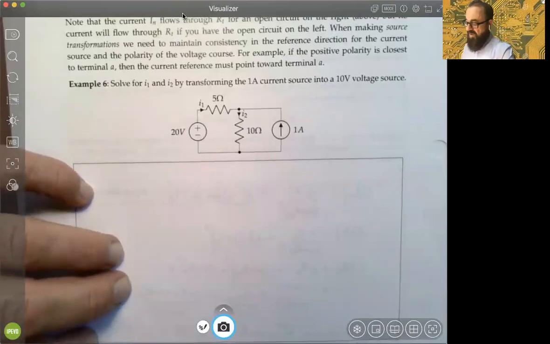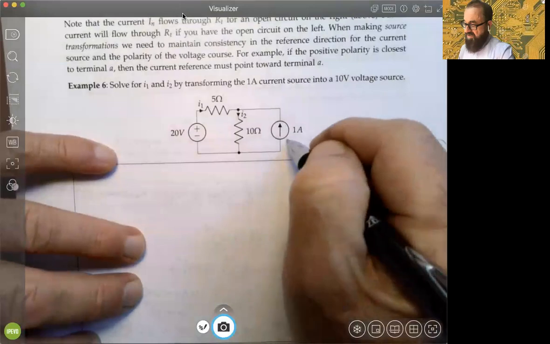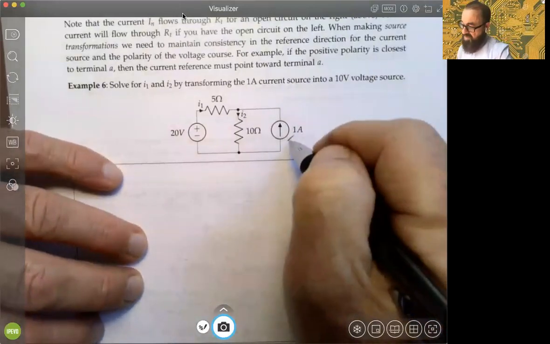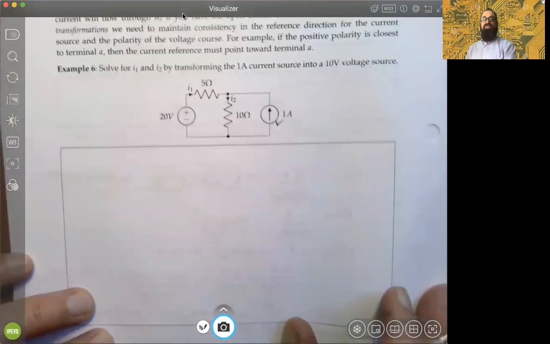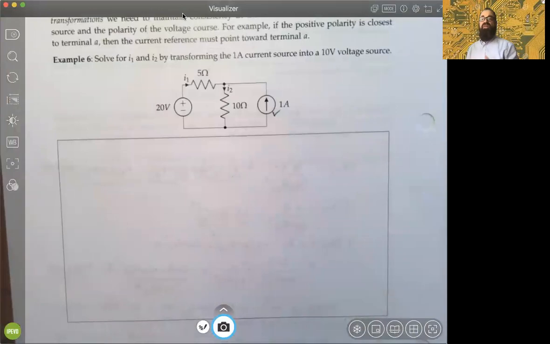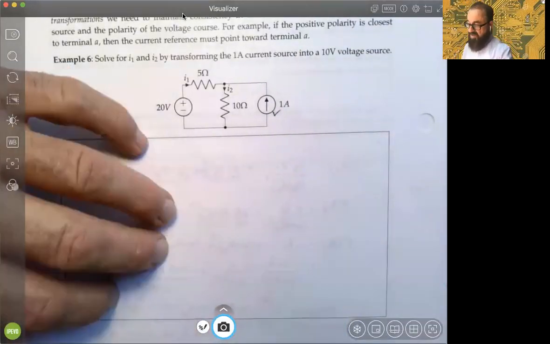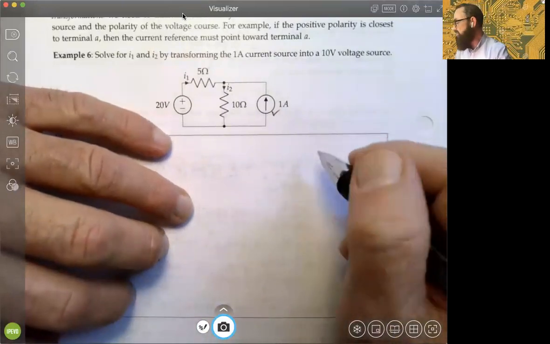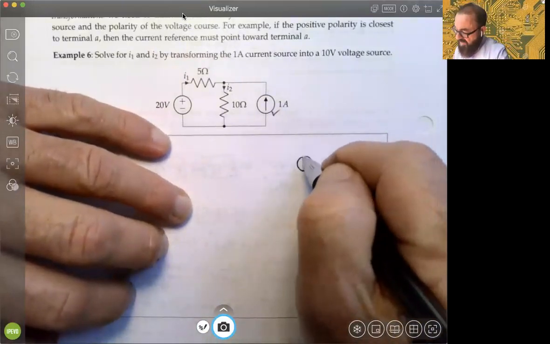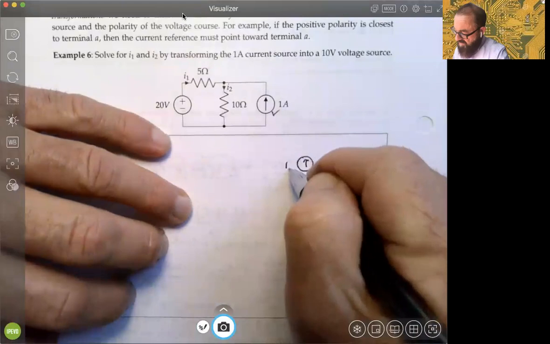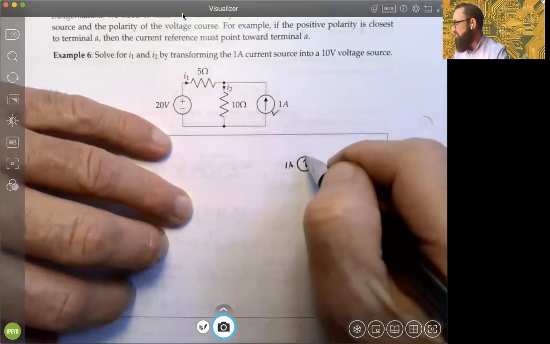So the first thing we have to do is figure out, our goal is to switch out this current source. So we've got to look at it from the perspective of a Norton equivalent being converted to a Thevenin equivalent, all right? So let's do that off here on the side. So the box that's on page 74, we're over on the right-hand side. So we're looking at this Norton equivalent of 1 amp, which is in parallel.